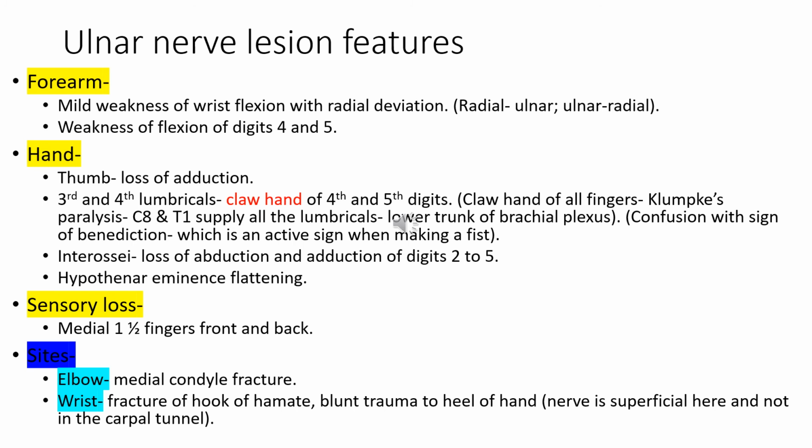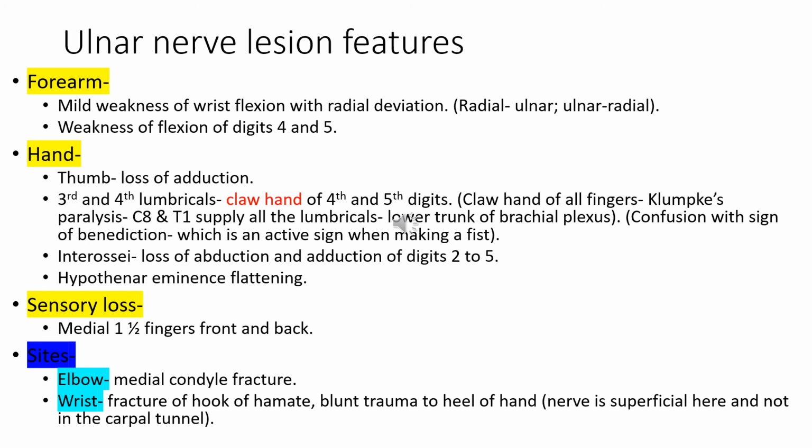Now about the hand. Ulnar nerve is the major supply to the muscles of the hand, and we will go in the usual way of thumb, lumbricals and the interossei. Now in the thumb, the ulnar nerve supplies only the adductor pollicis, and so when the ulnar nerve is affected, there is loss of adduction of the thumb.